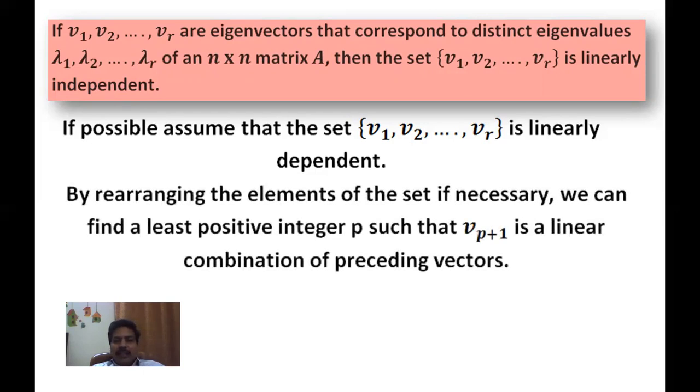If they are linearly dependent, at least one of the vectors is a linear combination of the others.